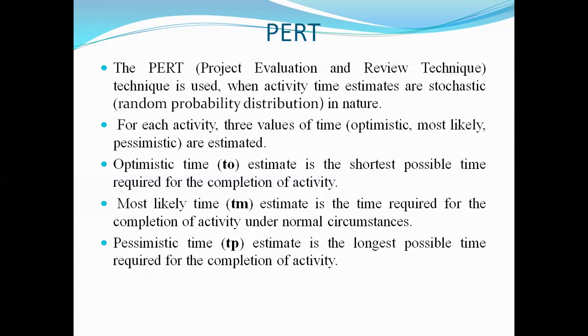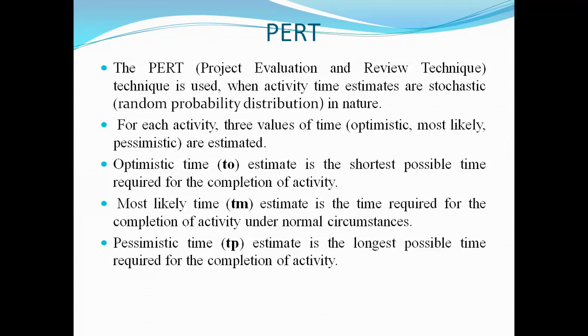It is denoted by Tm. It estimates the time required for the completion of the activity under normal circumstances. So if normal circumstances prevail, this is the most likely time in which the activity can be completed.